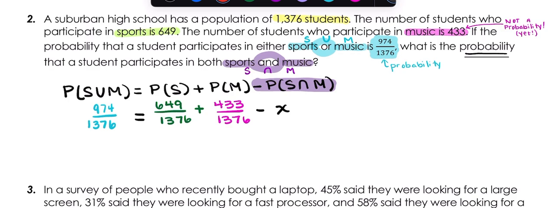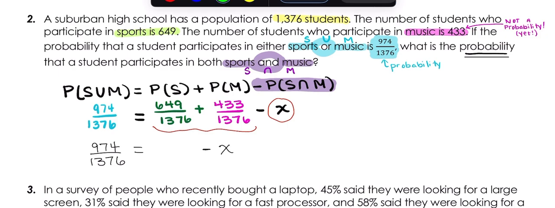And now we're just solving. It looks yucky because of all these fractions, but you're using your calculator, so it's okay. First, I want you guys to combine your like terms on that right side. And then you're going to end up with just one fraction minus x, and then you are going to solve for x.